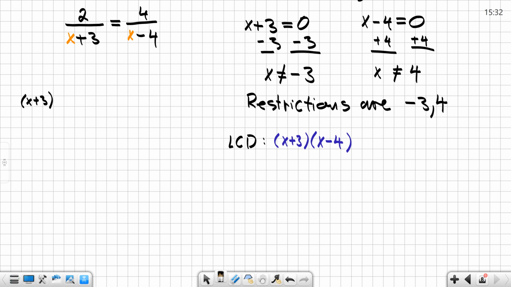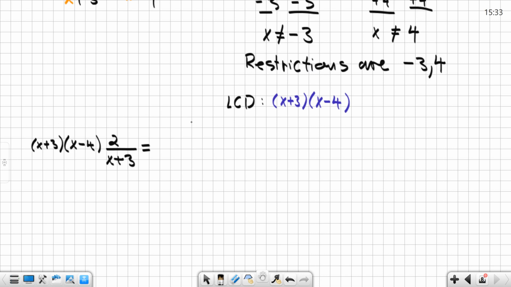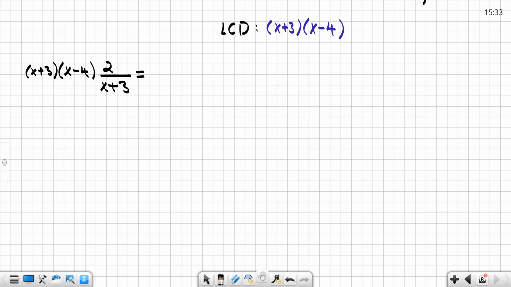X plus 3 times x minus 4 multiplied by 2 divided by x plus 3 is equal to, I'm running into my writing on the right, so let me move this a little bit further down. 4 divided by x minus 4, and I multiply all of this also with x plus 3 times x minus 4.